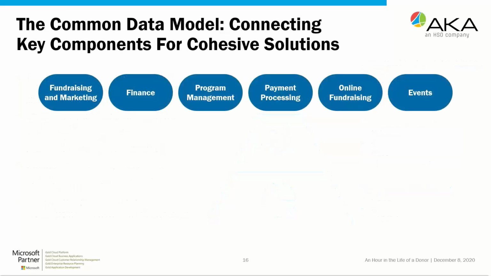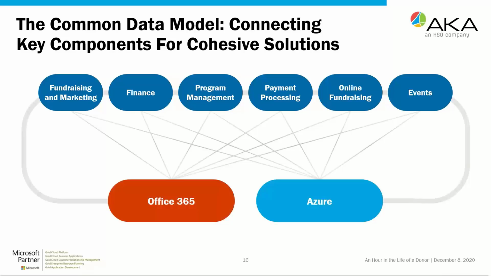So, today, some of you might be having this situation of individual platforms or systems which you need to stitch together with integrations in order to have a complete system. Kind of highlighting that here. Now, with fundraising engagement, you'll have one platform which integrates with Office 365 and Azure, which you might be using already today.